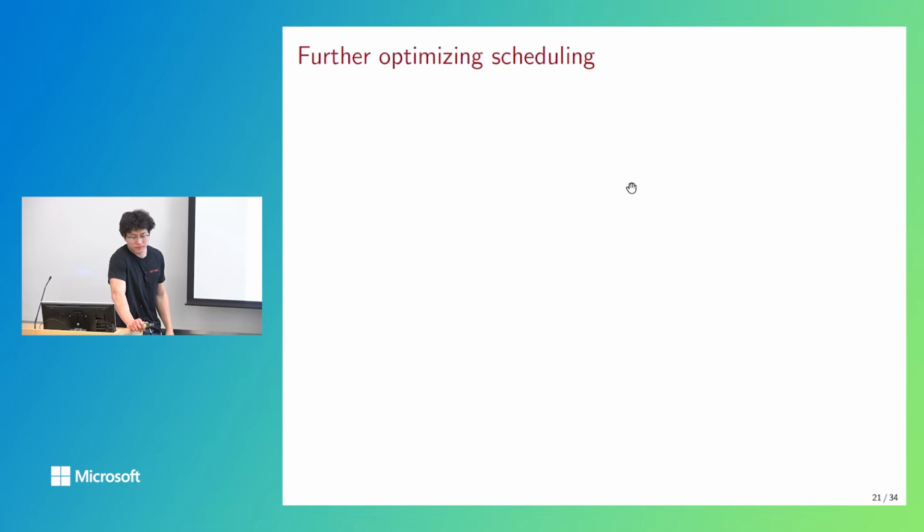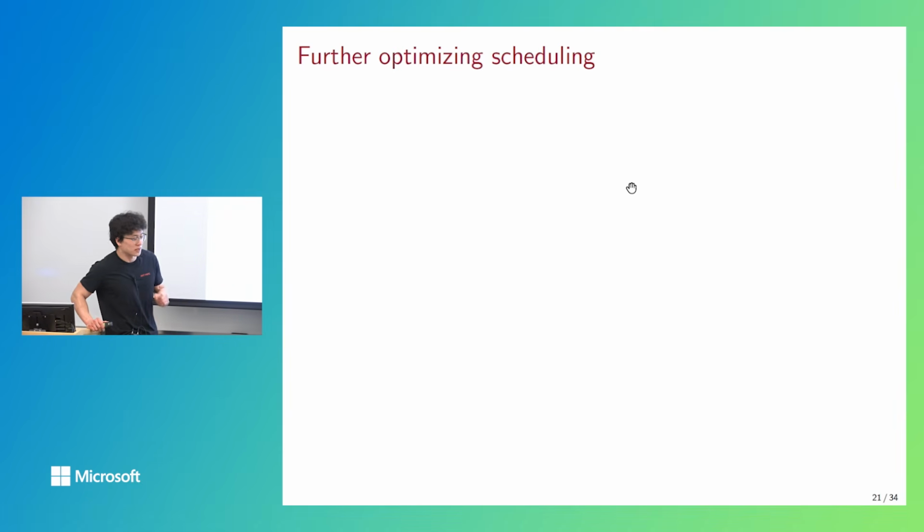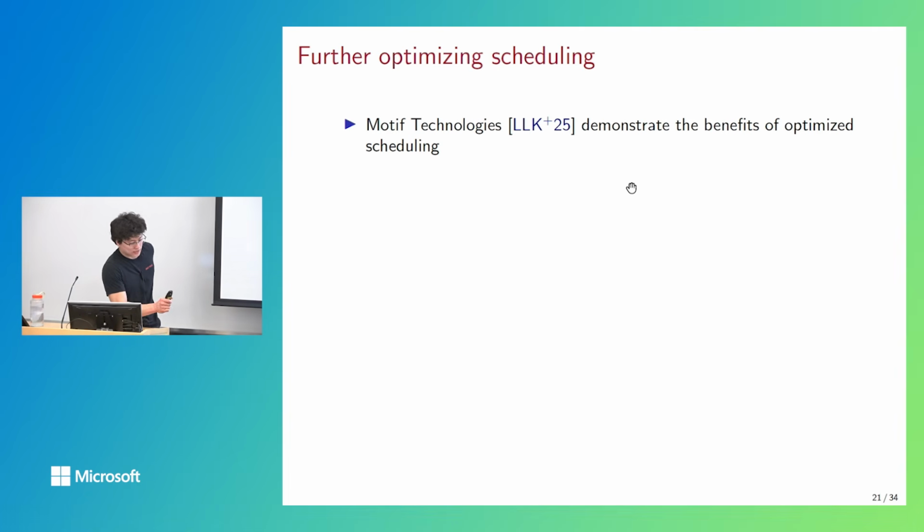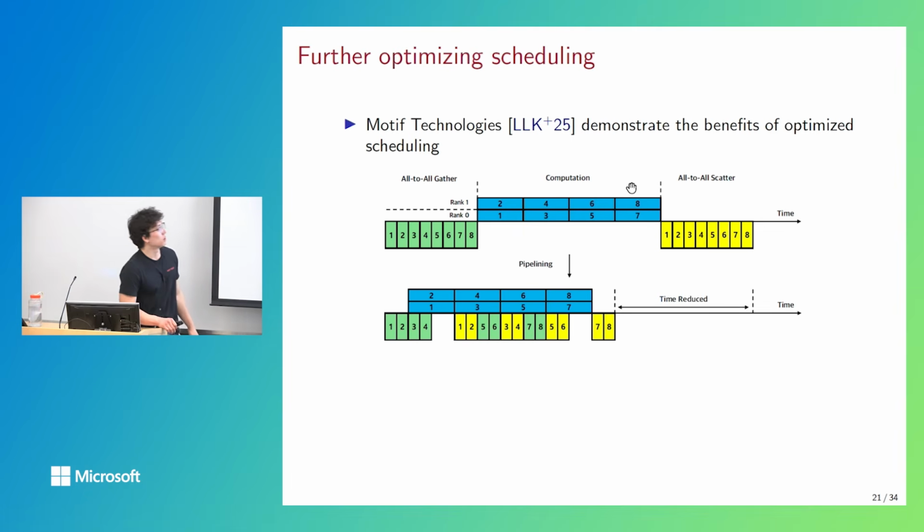Now let me discuss some further improvements that have been made in the literature. One nice work from Moonshot technologies demonstrates that you can optimize the scheduling of this all-to-all communication to maximize throughput.